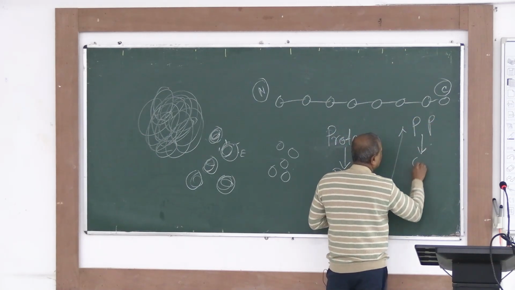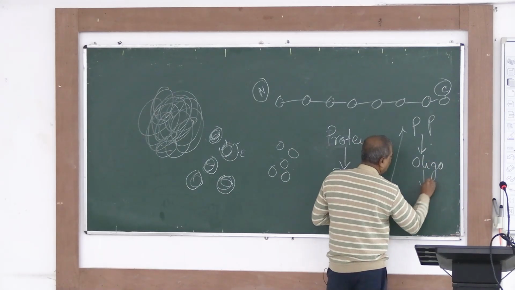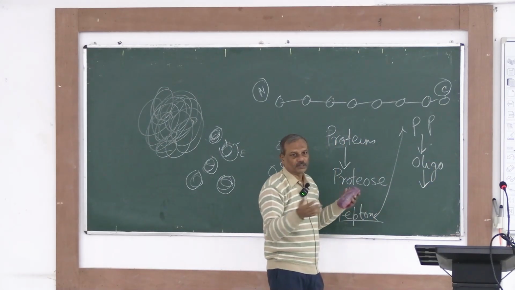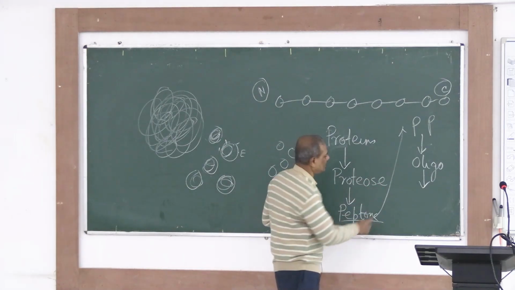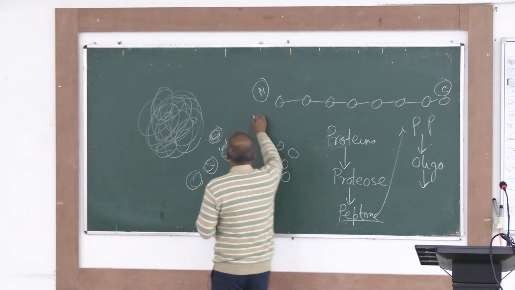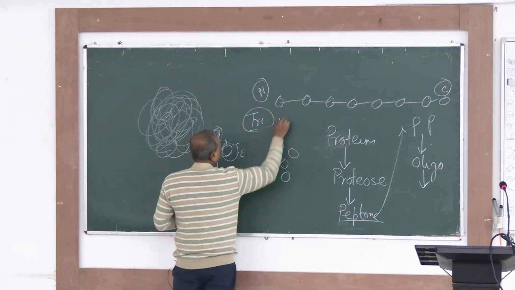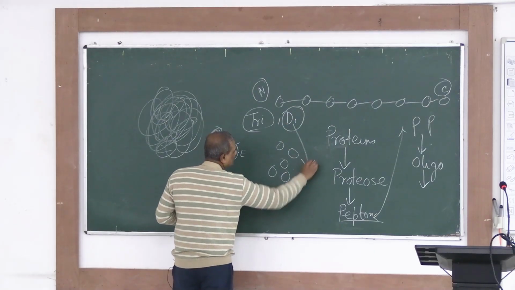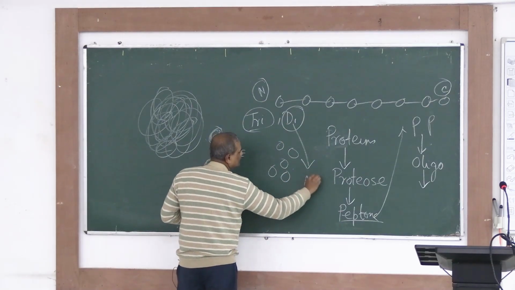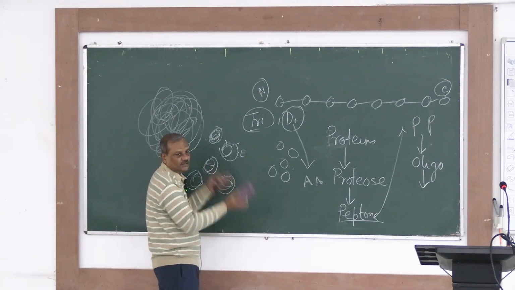Polypeptide is further broken down to oligopeptide, and then to decapeptide, octapeptide, nonapeptide, whatever you say. At the end you will get a tripeptide, dipeptide, and finally amino acids. Okay. So, that is basically protein digestion in short.